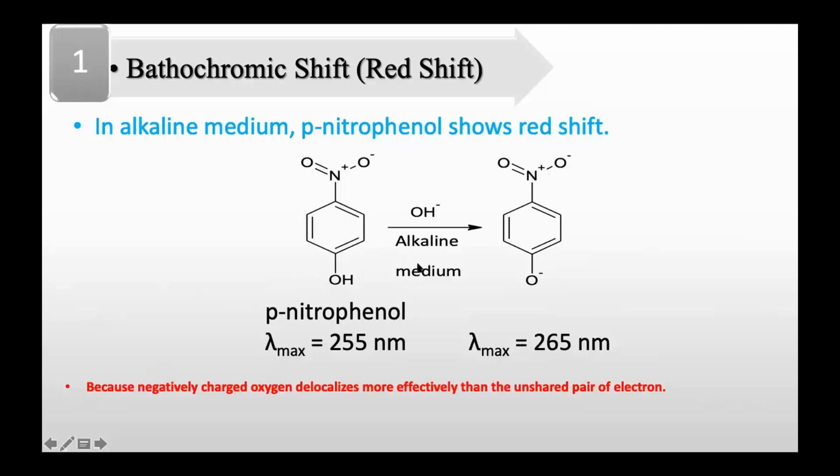But in alkaline medium, the proton is abstracted and it becomes O negative. The negatively charged oxygen delocalizes more effectively than the unshared pair of electrons, so there is an increase in conjugation. And as we discussed in the previous lecture, as conjugation increases, lambda max also increases. So this increase in conjugation increases the lambda max of paranitrophenol in alkaline medium slightly, from 255 nanometers to 265 nanometers.